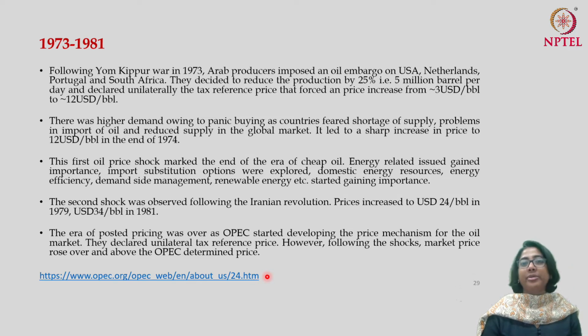They said they were going to reduce the supply of oil to these countries significantly, and they also decided to reduce their production by 25%. So 5 million barrels per day of production was reduced. There was a huge reduction in the supply of oil at this point of time following the war.